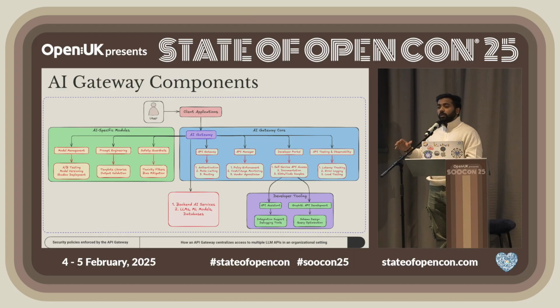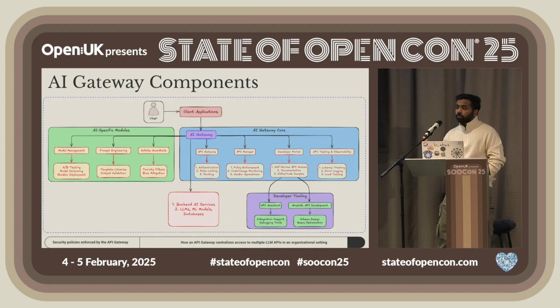Then there is the AI gateway core, we are saying. It shows how developer and observability support is provided using the AI gateway. On the developer portal, everyone knows about platform engineering, right? There is one API for everything, we say in platform engineering. Similarly, there is self-service for AI apps.